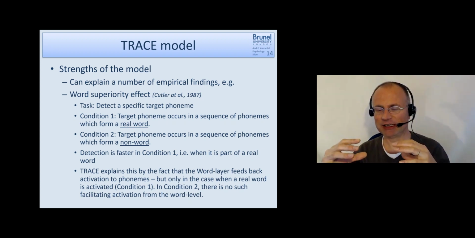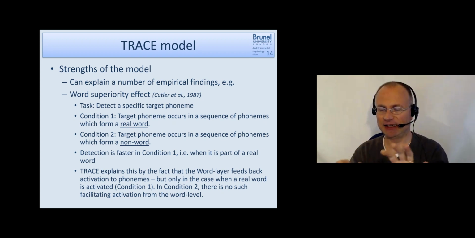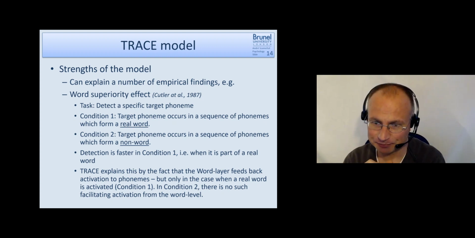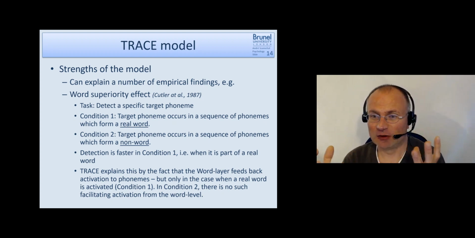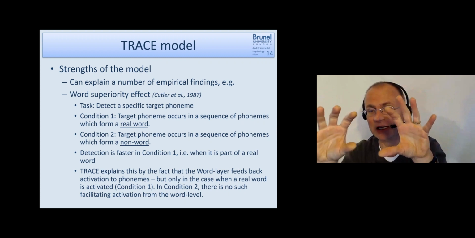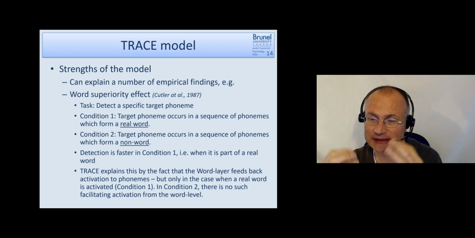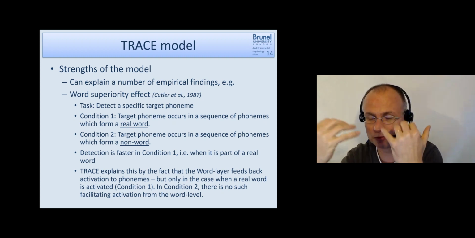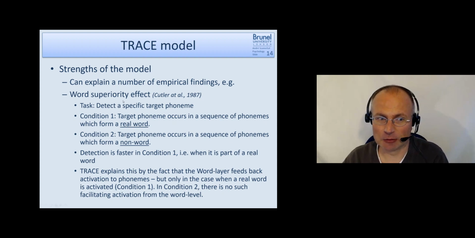If you remember, all pre-activated words activate the phonemes of these words, already the ones which are expected. However, if we have a non-word, then we don't have any activity in the word layer which could feed back onto the phoneme layer. So that is missing, and this activation, which is spreading back, helps in identifying the right phoneme.